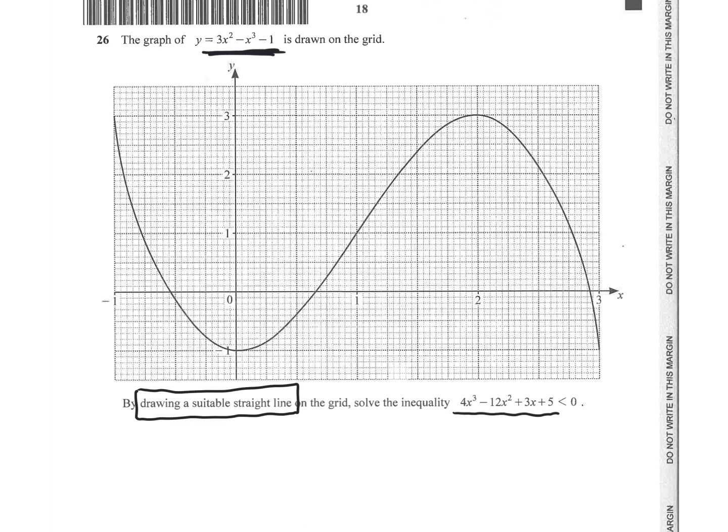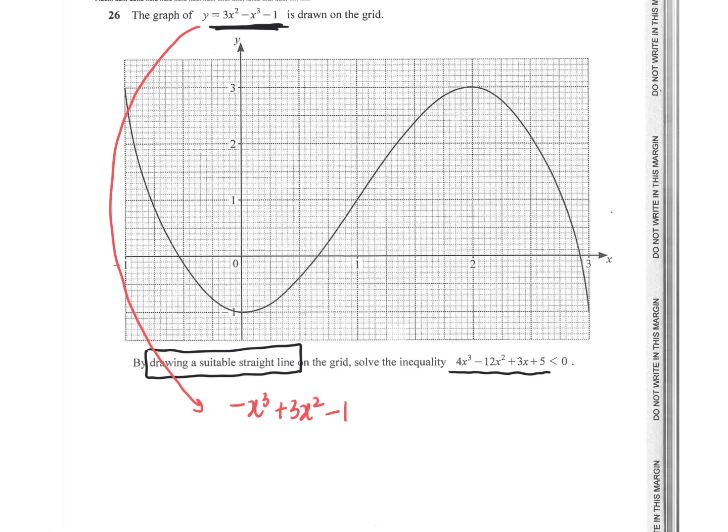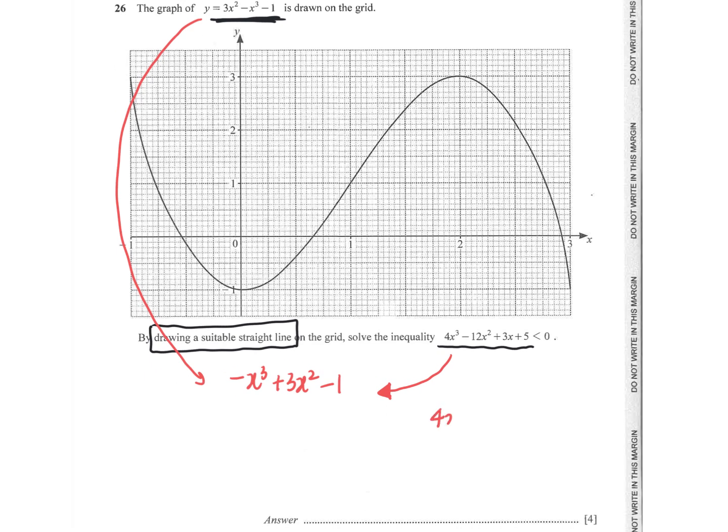So from here, this is minus x cubed plus 3x squared minus 1. This is the graph I've drawn. I want to make sure my left hand side got this. So can you see that actually they look quite similar to each other? Okay, I will move this one first.